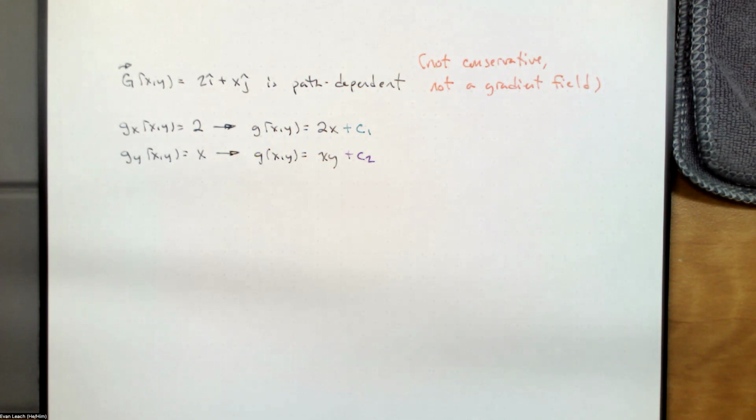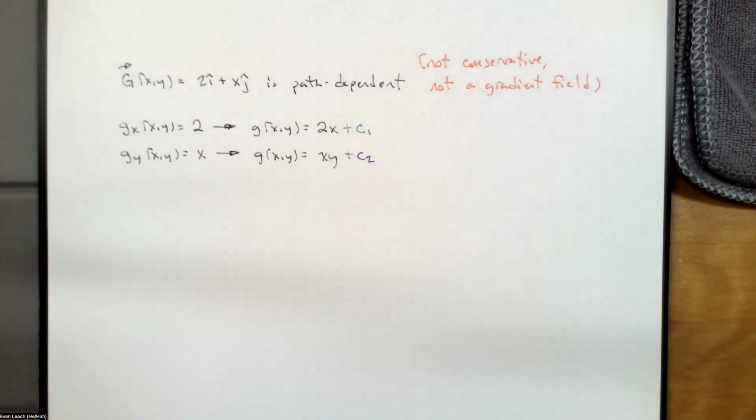Now, I could use the 2x that we got from the first one as C2, but coming from the gx, I don't have an xy term. I can't use xy as my constant C1. So C2 equal to 2x is fine, but C1 as xy, I can't do that.